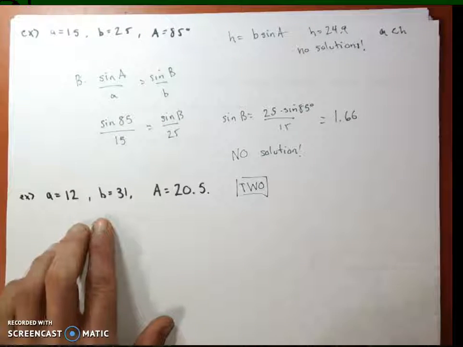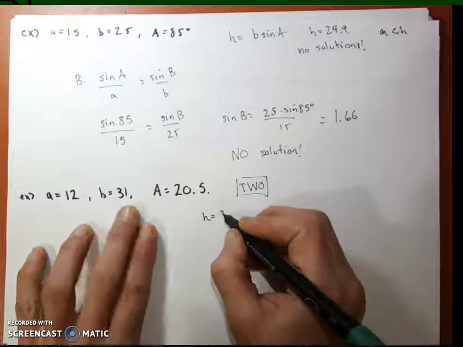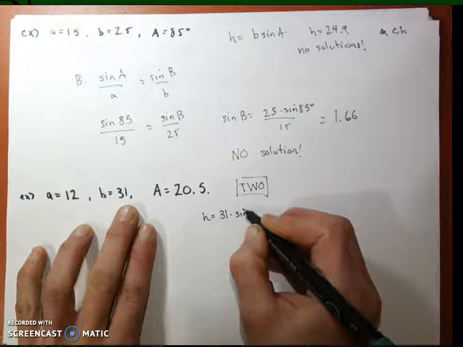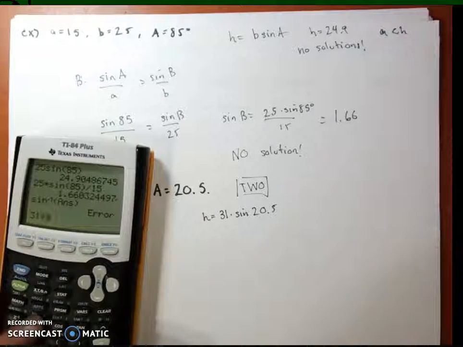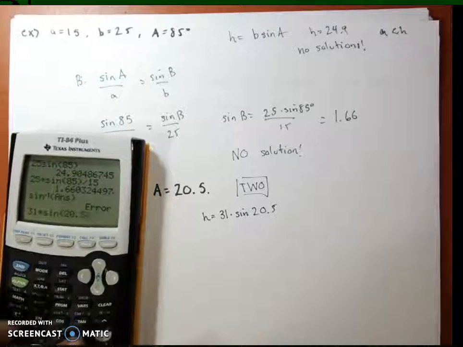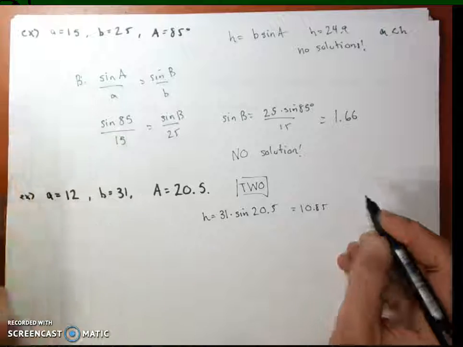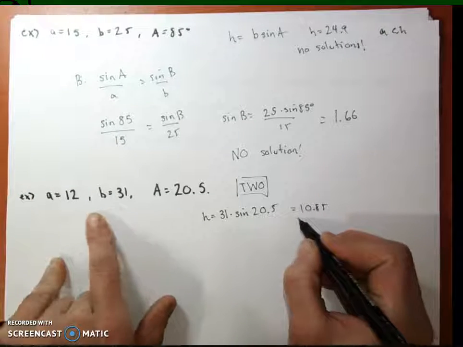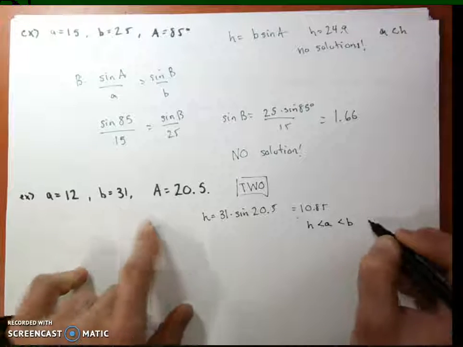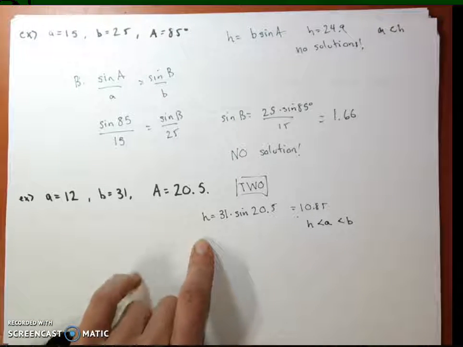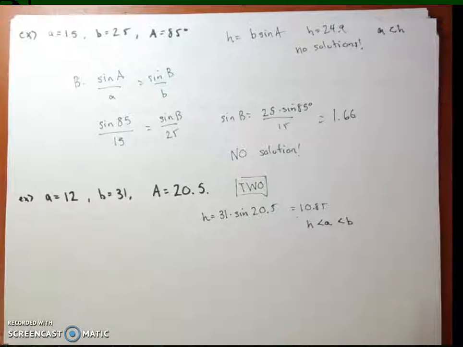So finally, let's look at this two-solution case. So how do I know this is going to have two solutions? Well, I find H is 31 times sine 20.5. That is equal to 10.85. So I have that H is less than a is less than b. So I should have two solutions from the rules that we wrote above. So now let's try to find them.